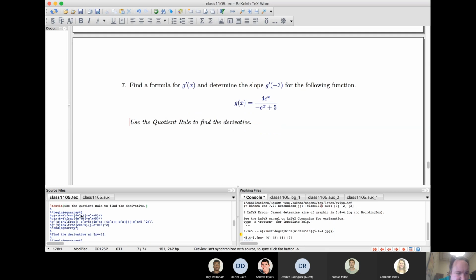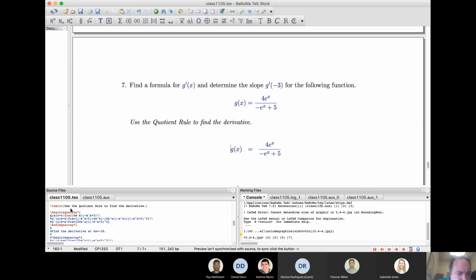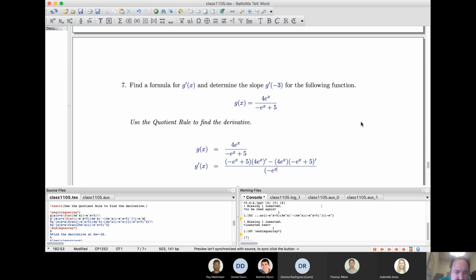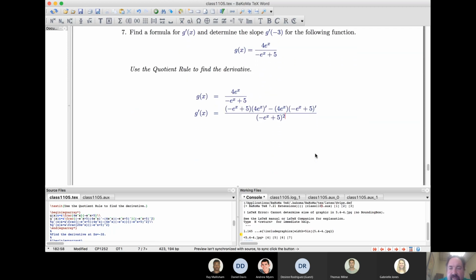Now, what that would give you in the numerator is the original denominator times the derivative of the numerator, minus the numerator times the derivative of the denominator, all over the denominator squared.